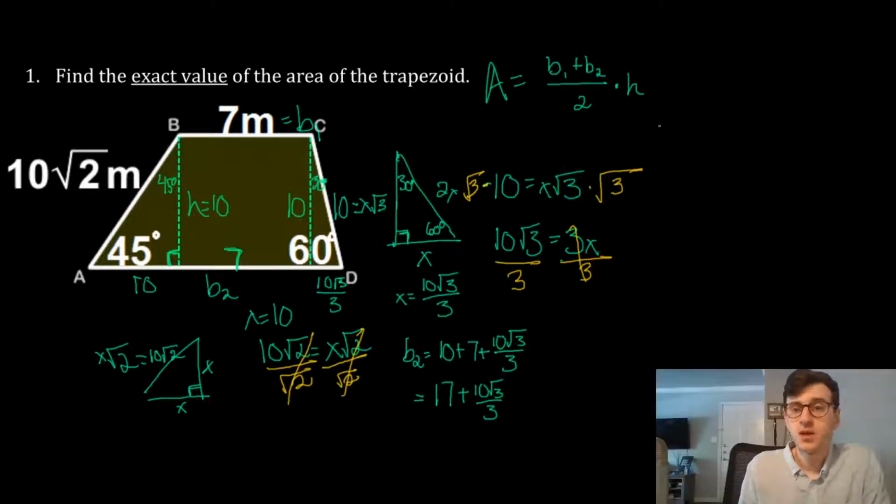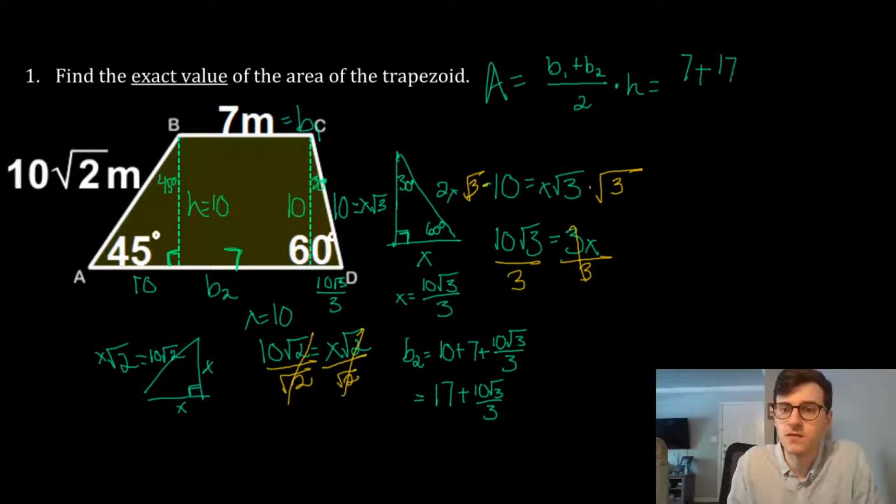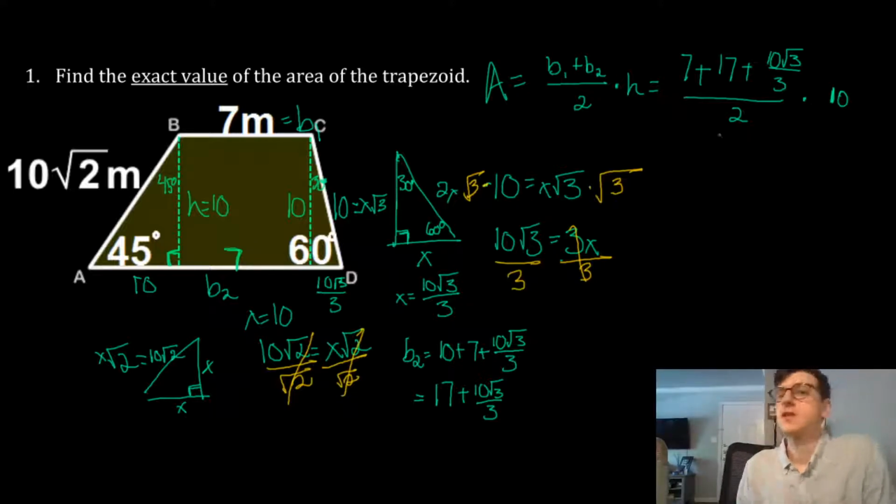Okay, because now we're going to find the area and replace base 1 and base 2 in this formula: base 1 plus base 2 over 2 times height. And we'll replace the height as well. So the area then is equal to 7 plus 17 plus 10 root 3 over 3, divided by 2, times the height, which is 10. A few ways we can think about this.